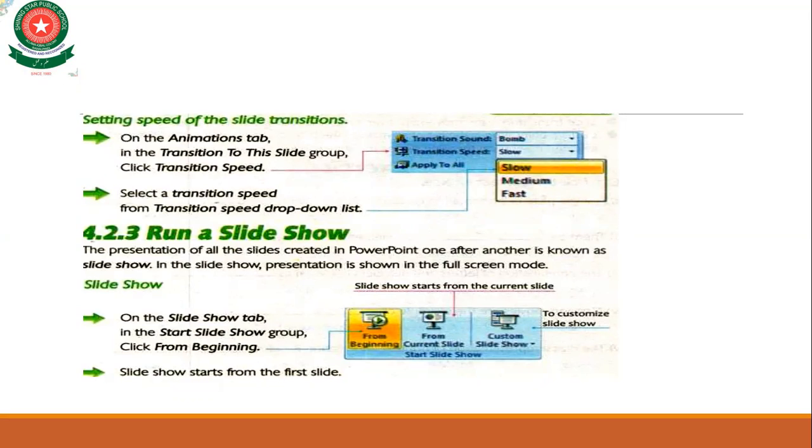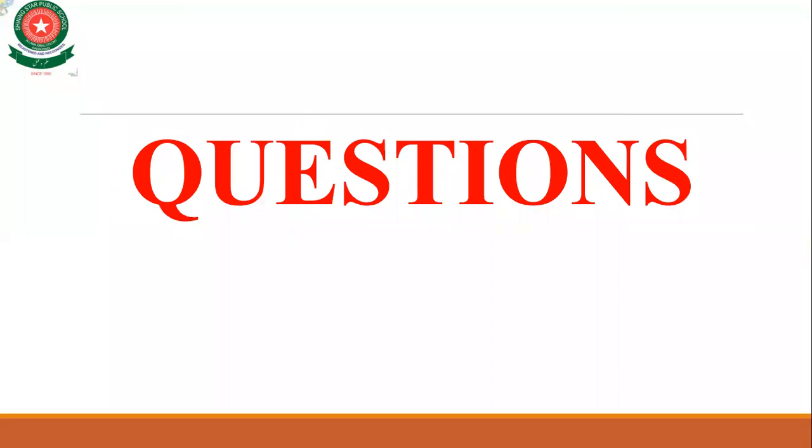Layout refers to the way things are arranged on a slide. Slide layout is a ready-made or predefined design of a slide available in Microsoft PowerPoint. Then the last two lines: there are different slide layouts available in PowerPoint. A user can select the appropriate slide layout for the presentation. These lines are included in the answer of your question number 5, part number 4.